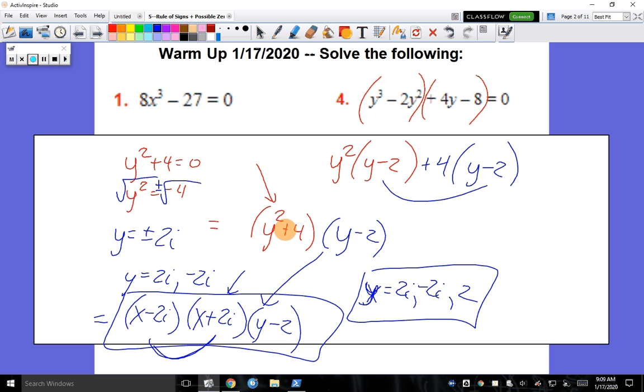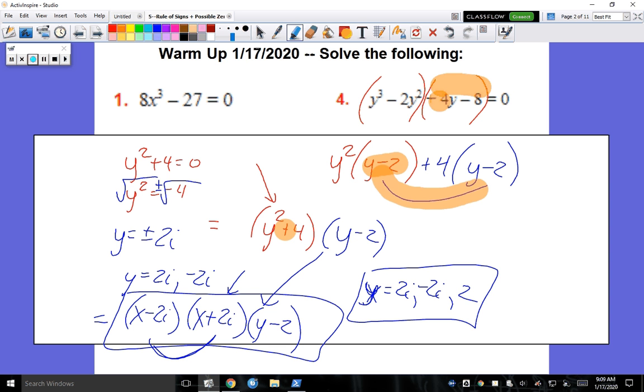Yes? When you were pulling out the greatest common factor and you just wrote plus 4. Yeah, because the second pair. Well, the thing is that my goal is, whatever I decide to pull out from the second pair, to try to make this match.